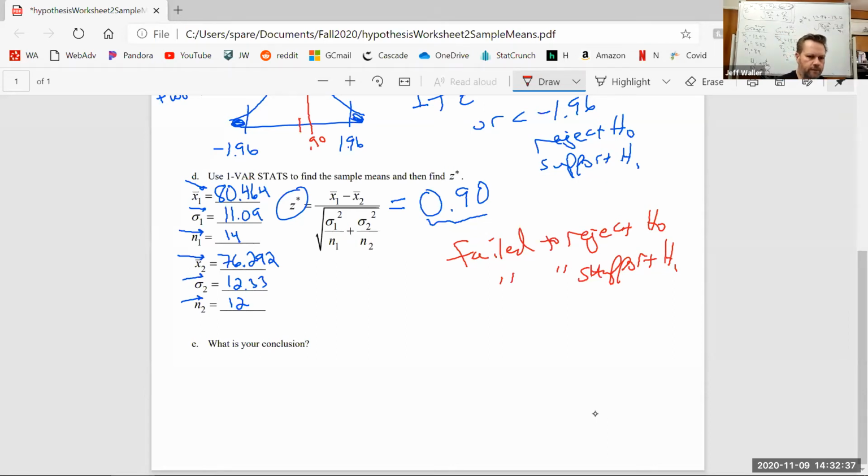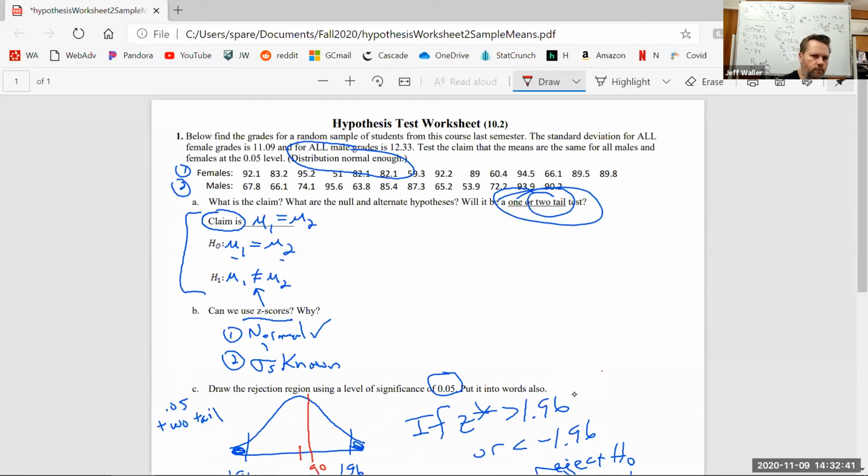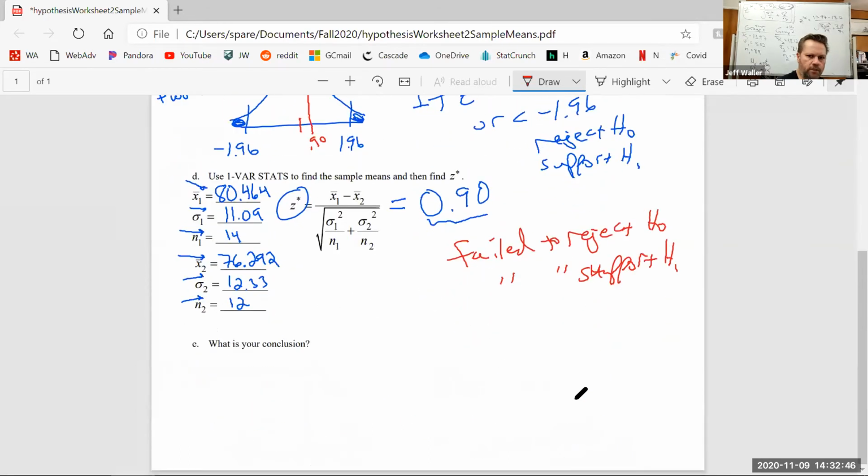Okay, so let's see. The claim went in for the null, so that's going to be what I base my conclusion on. So I'm going to use this language. I am not going to use this language.